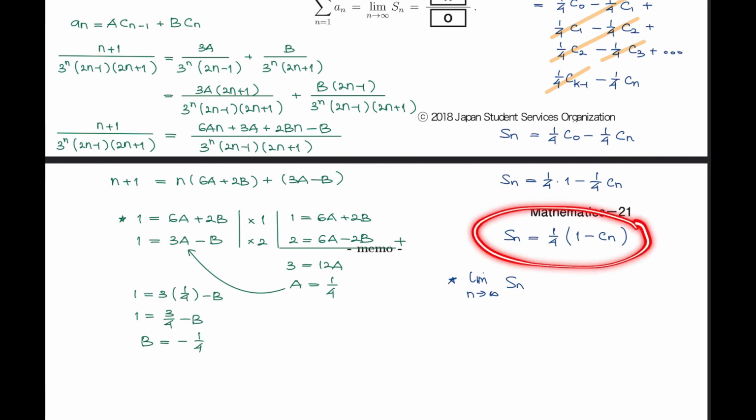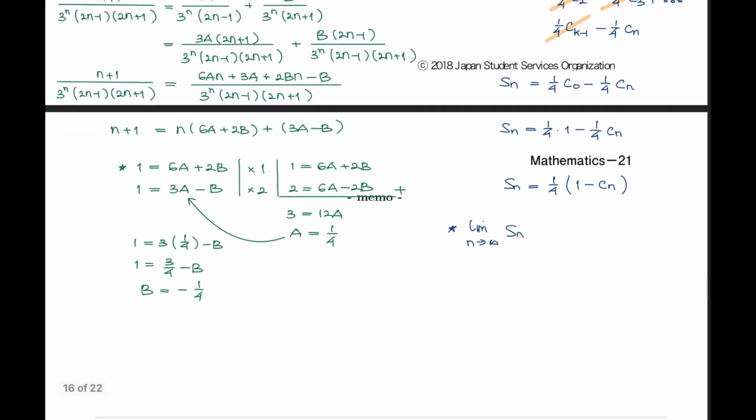We already found Sn. Sn is 1 over 4, open bracket, 1 minus Cn. So it should equal the limit as n approaches infinity of 1 over 4. I will distribute the 1 over 4 into the bracket: 1 over 4 minus 1 over 4 Cn. What is Cn?